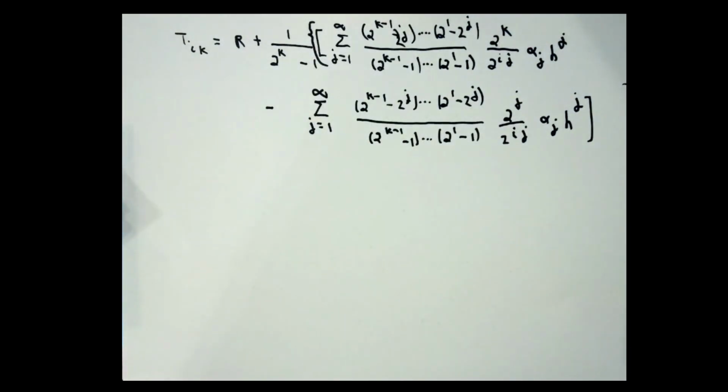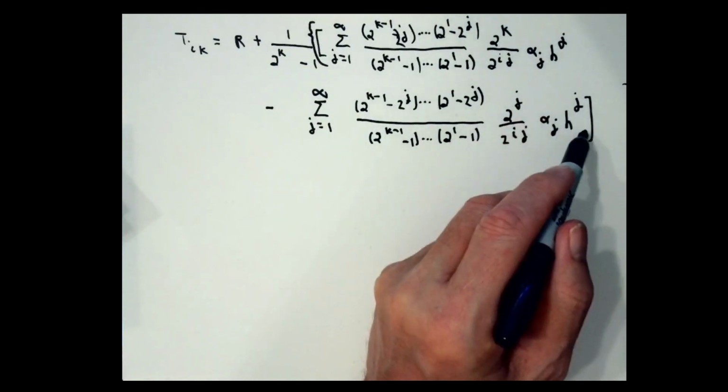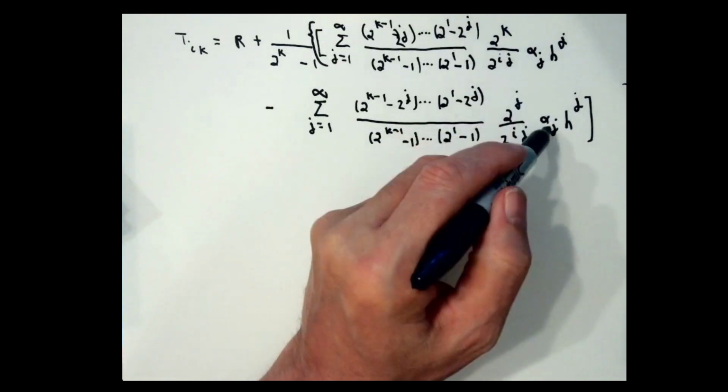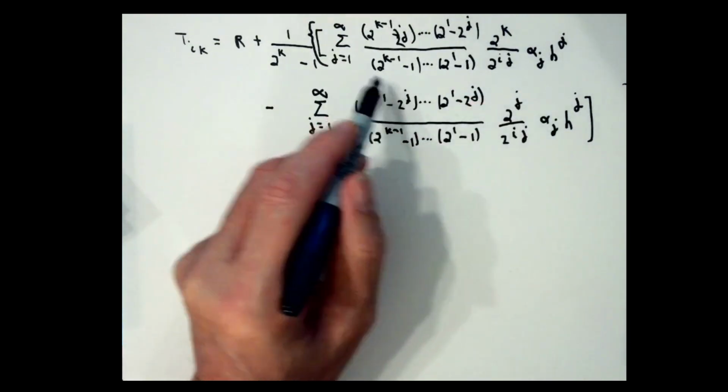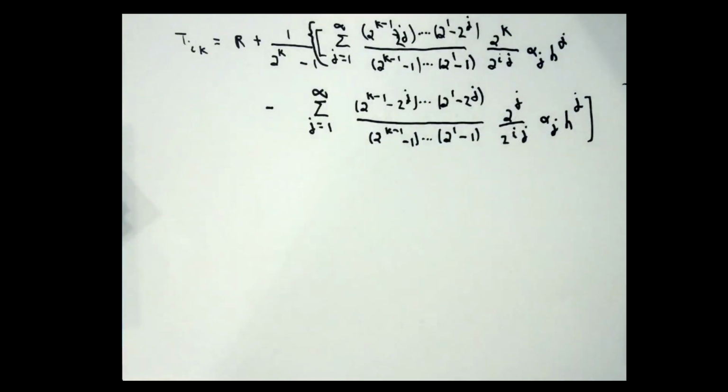When I combine these two series, I'm going to compare different things that are in different terms. In the h to the j power term, in both of them, there will naturally be an h to the j power. There will be an alpha sub j. This fraction and this fraction show up as factors.